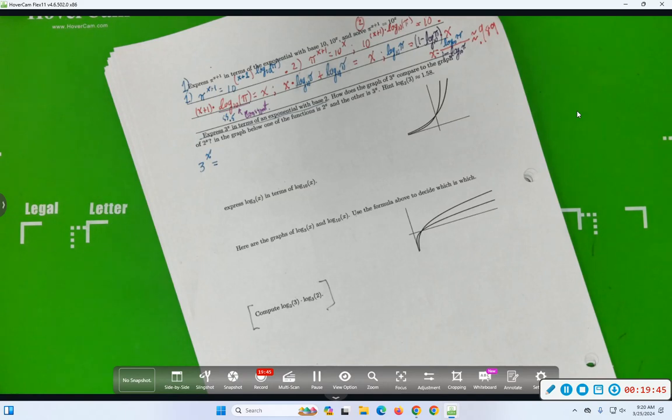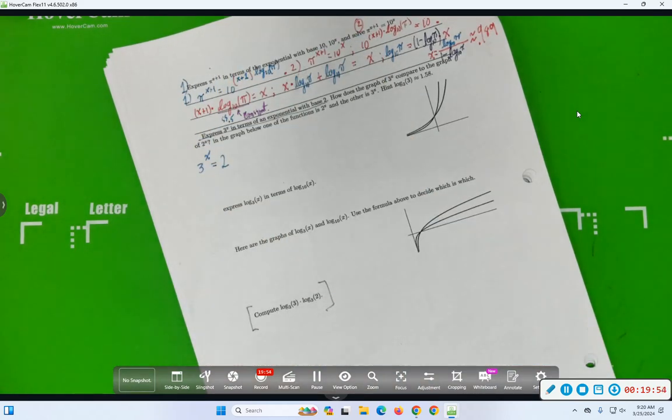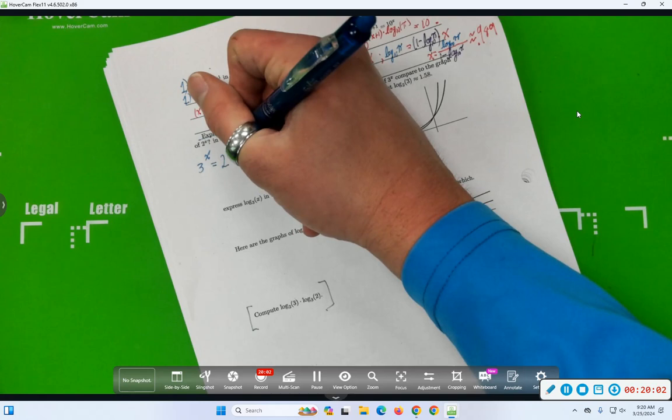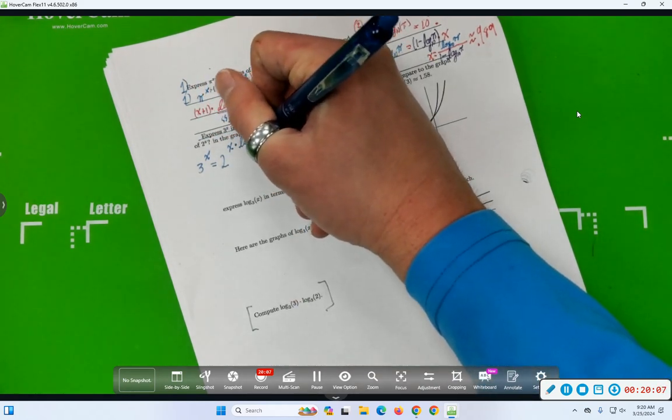Express 3 to the x in terms of an exponential with base 2. So 3 to the x is equal to 2 to the what goes in the exponent? x. And anything else? Or log base 2 would be x.